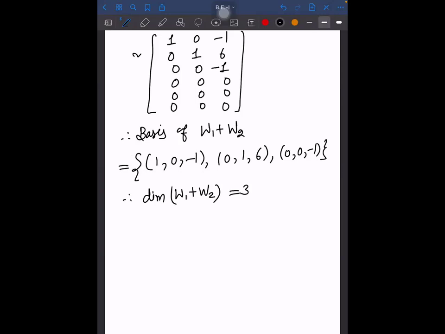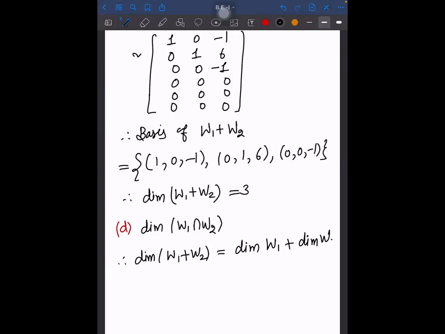And the last part, dimension of W1 intersection W2. So we know that dimension of W1 plus W2 is equal to dimension of W1 plus dimension of W2 minus dimension of W1 intersection W2.